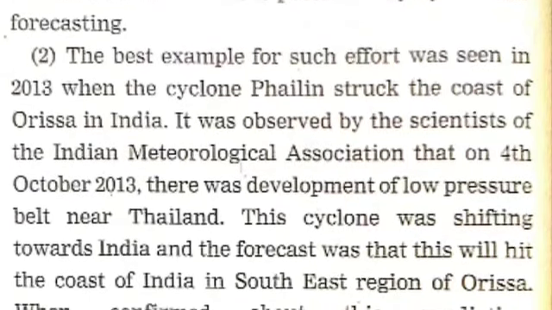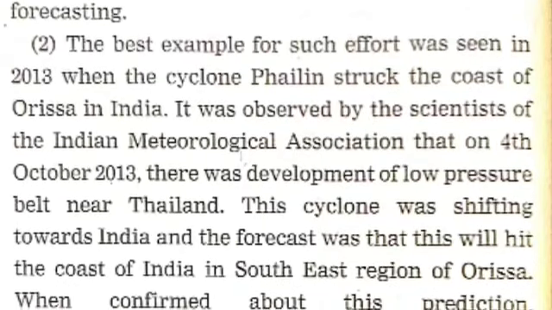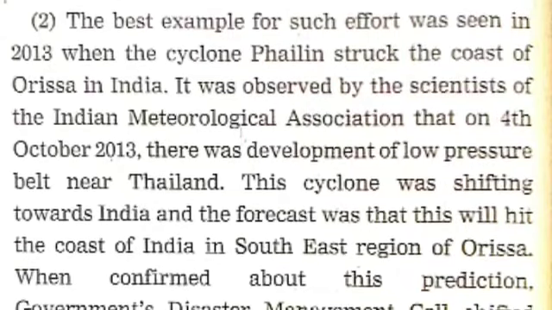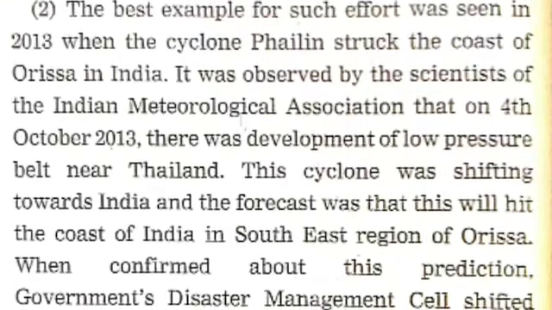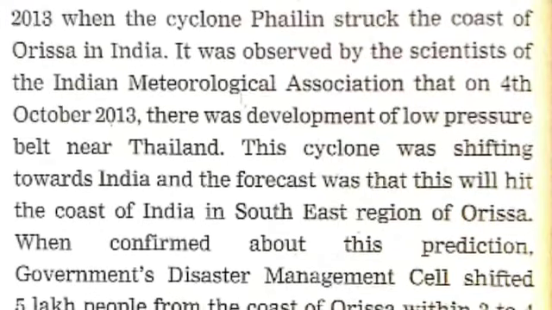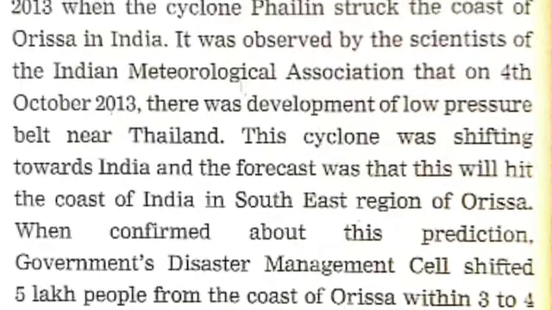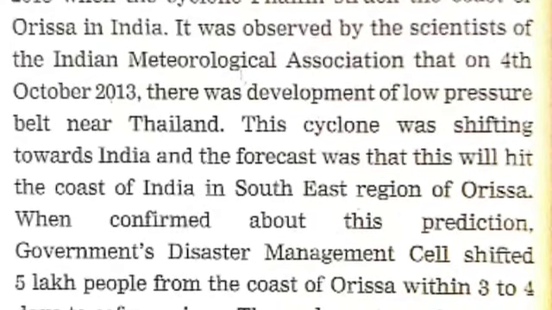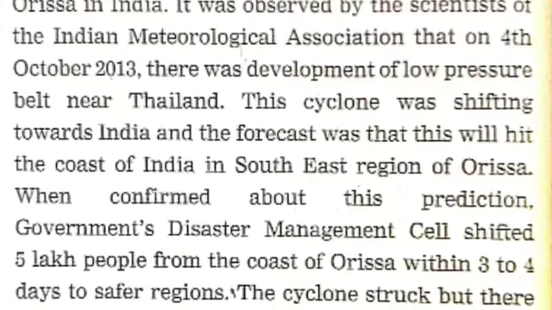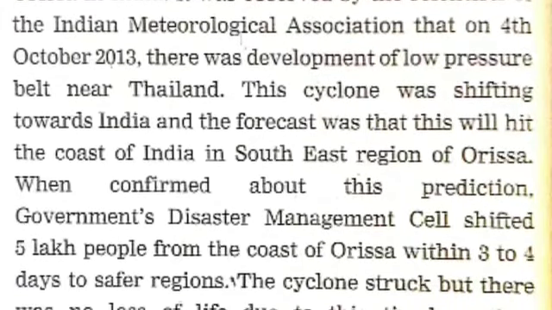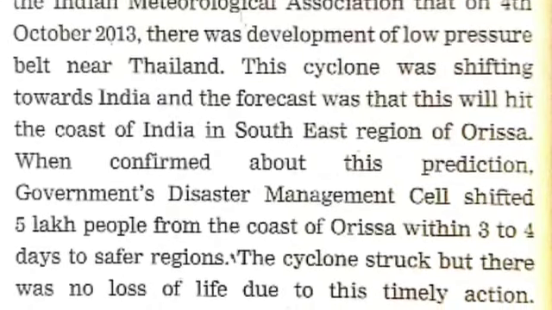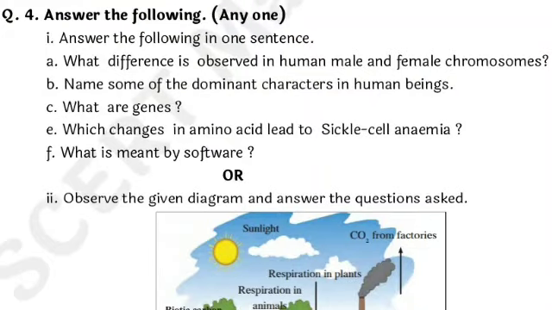This cyclone was shifting towards India and the forecast was that it would hit the coast of the southeast region of Orissa. When this prediction was confirmed, the government's disaster management cell shifted 5 lakh people from the coast of Orissa within 3 to 4 days to safer regions. The cyclone struck, but there was no loss of life due to this timely action.